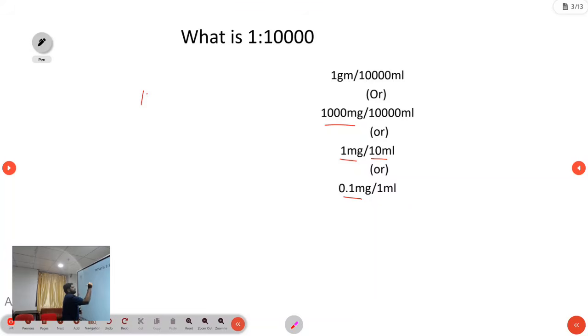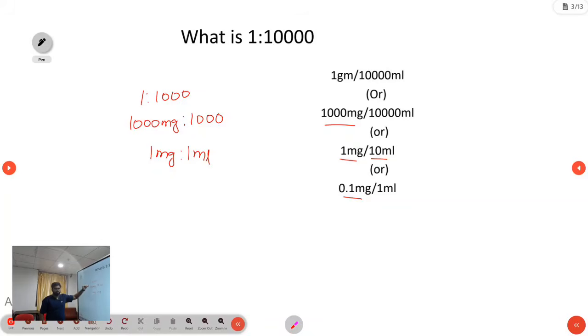If it is 1 in 1000 dilution, it will have 1000 mg in 1000 ml, so 1 mg in each ml. This is the 1:1000 ratio.